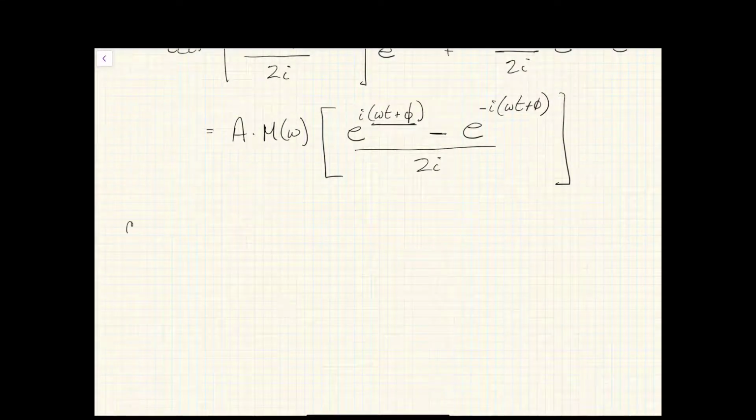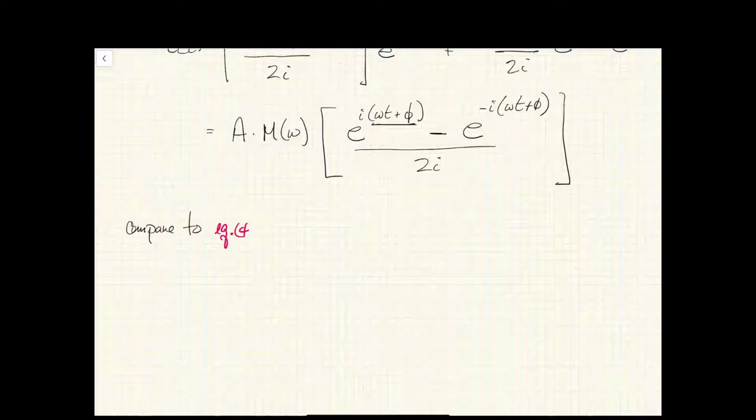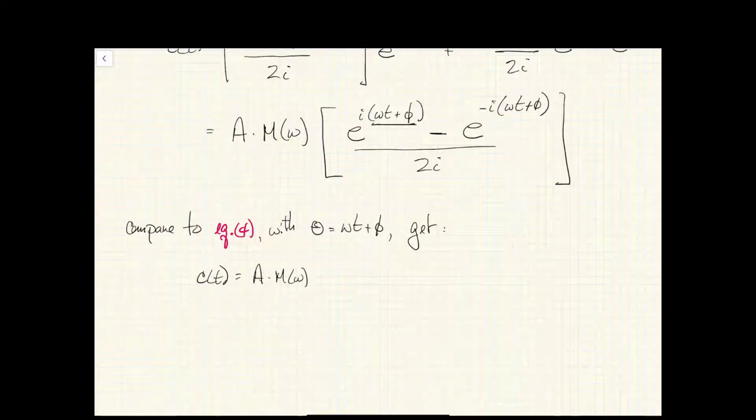So compare to equation 4 with theta equal to omega t plus phi to get that c of t is equal to a times m omega times sine of omega t plus phi, or theta, from what we had above.